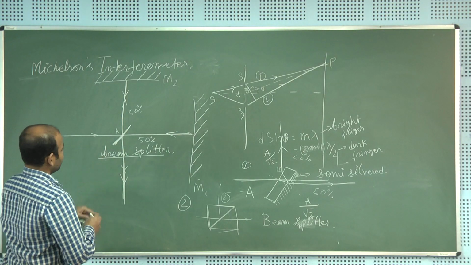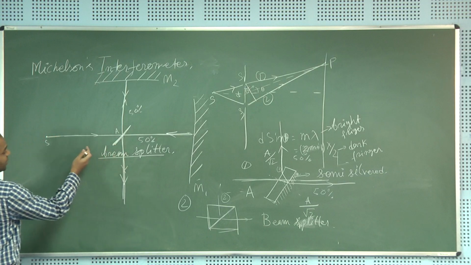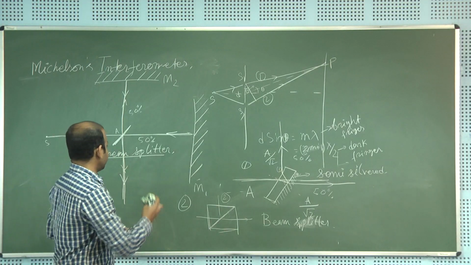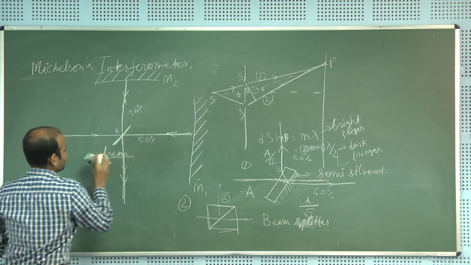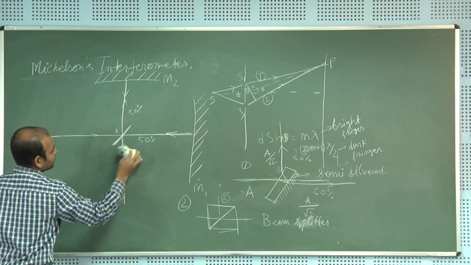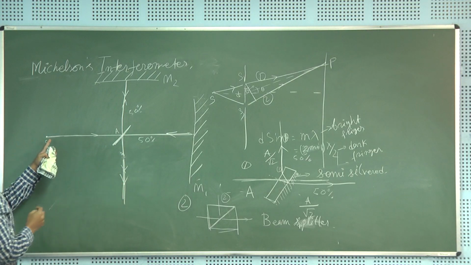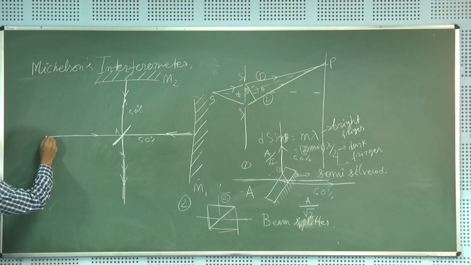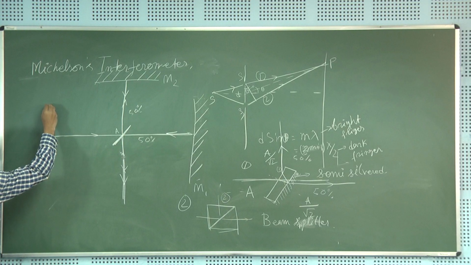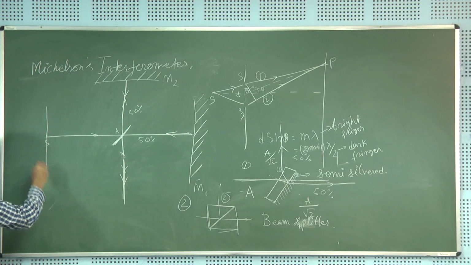So, now let us come back to this Michelson interferometer. Let us clear this space. We considered a point source, but I also said that it can work with an extended object.